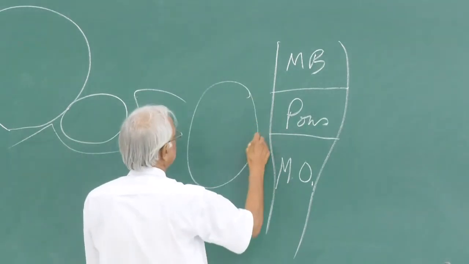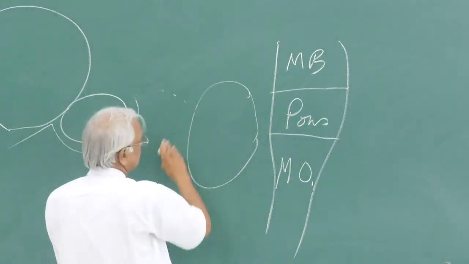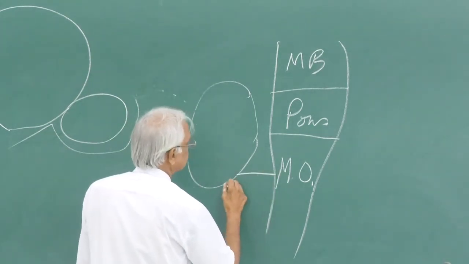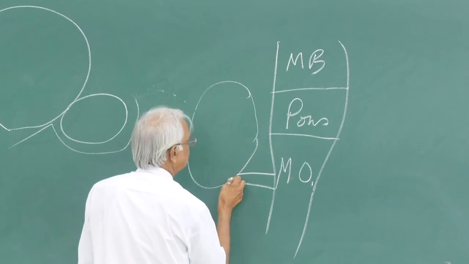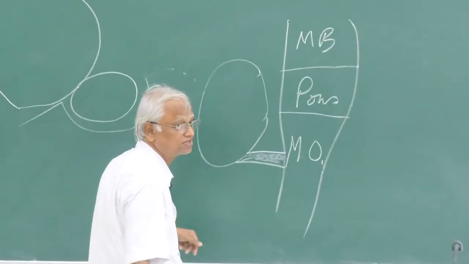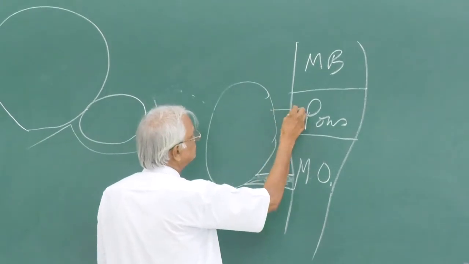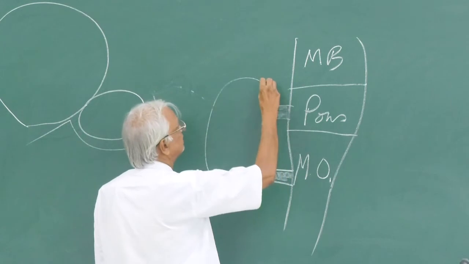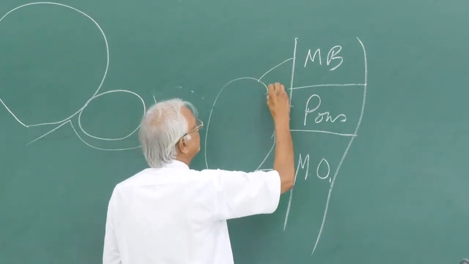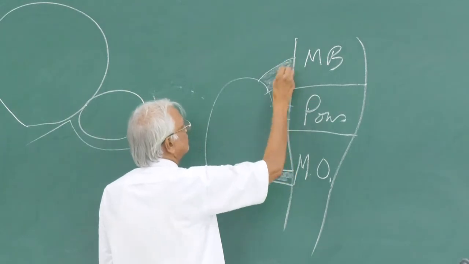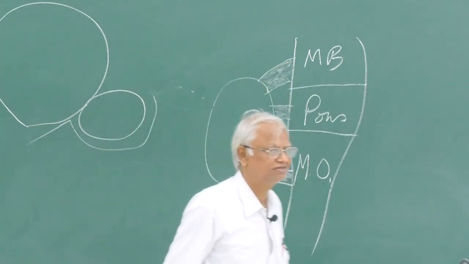And the cerebellum is connected with the medulla oblongata by a peduncle, the inferior surface peduncle; with the pons by another peduncle, the middle cerebellar peduncle; and with the midbrain by another peduncle, the superior cerebellar peduncle.